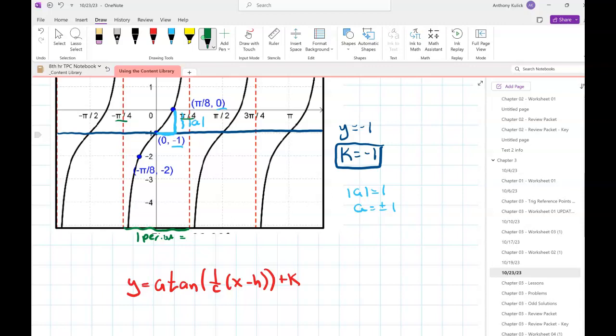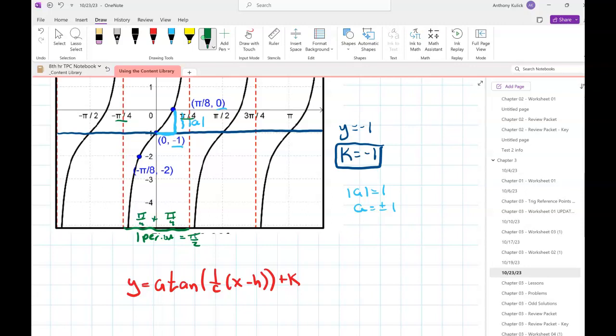How far is it from -π/4 to 0? That's just π/4, right? And then from 0 to π/4 is another π/4, right? Everybody's okay with that? What's π/4 plus π/4? Well, 2/4 is a half, right?